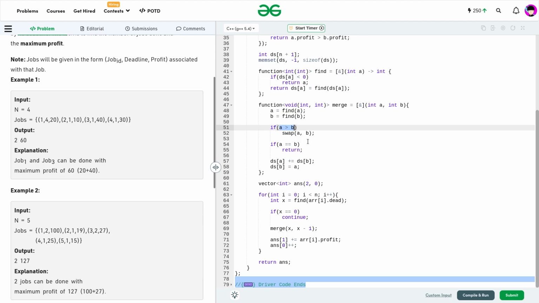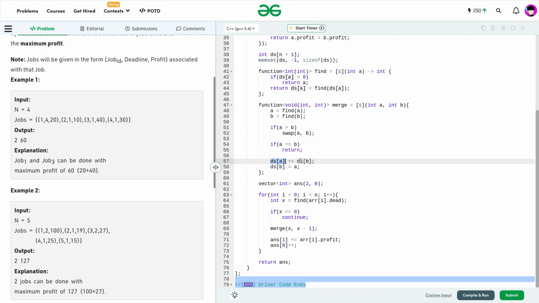The next element will only be placed at a lesser value than the current value, right? For example, if I was merging x and x minus 1, the next element would be placed in x minus 1. That is why the value of a should be less than b, so that I can take a as a parent. So I'm doing disjoint set of a plus equals disjoint set of b, and I'm setting the parent of b as a, right?